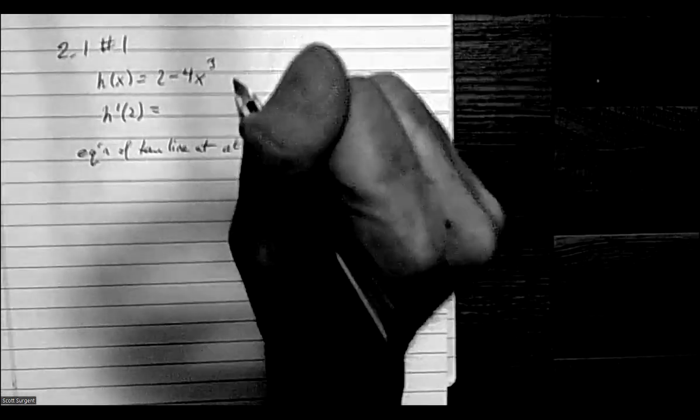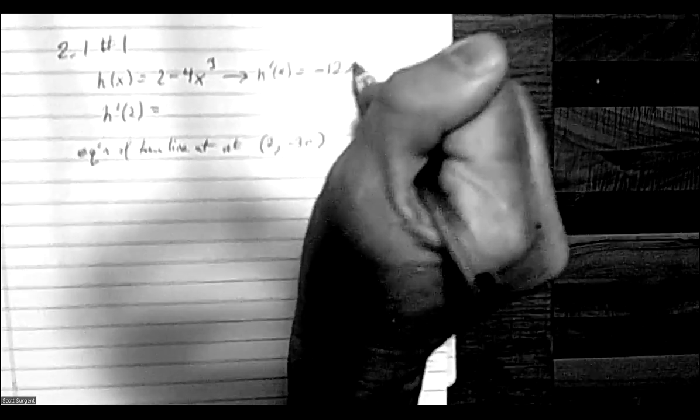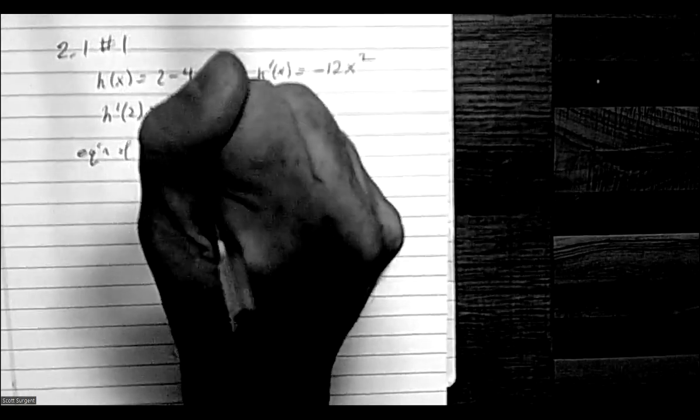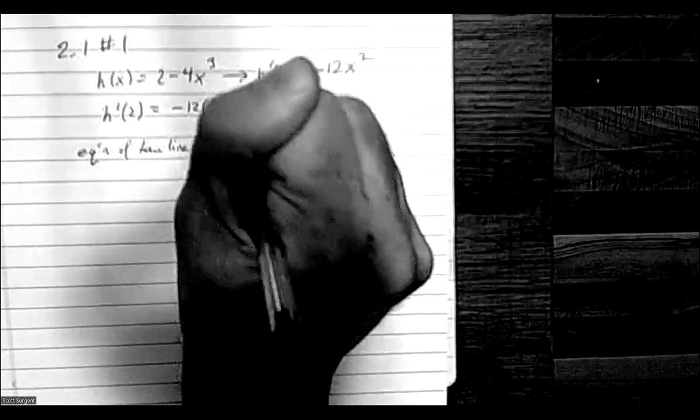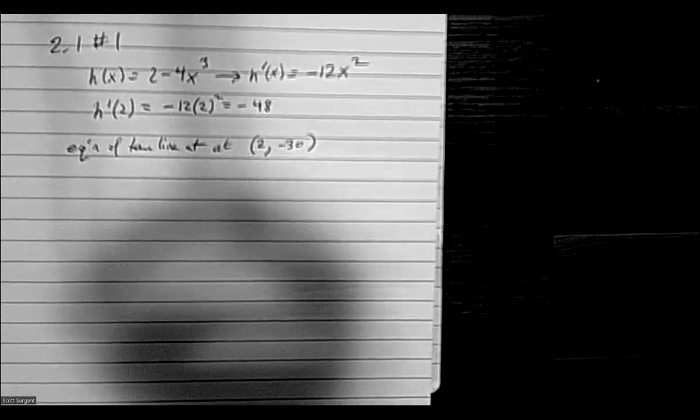Derivative. By now, I think you've seen the short forms, which is nice, isn't it? So negative 12x squared. And then at 2, pop in a 2 there, you get 4. Negative 12 times 4 is negative 48. All right, that's the derivative.